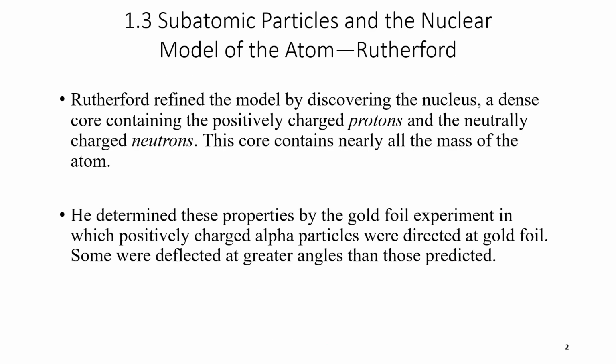The next important experiment was the Rutherford gold foil experiment, in which he used a source of alpha particles that were positively charged, and he directed them at a gold foil.